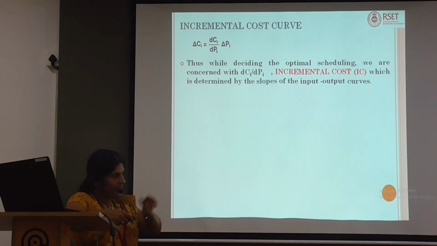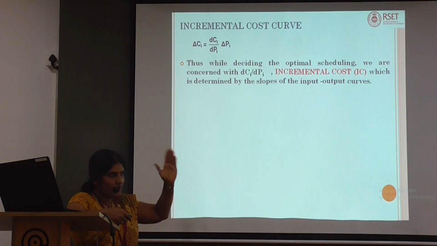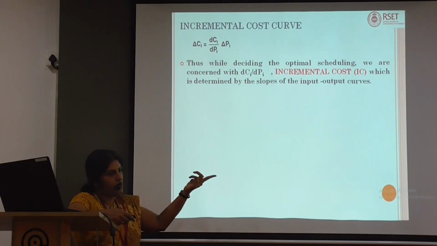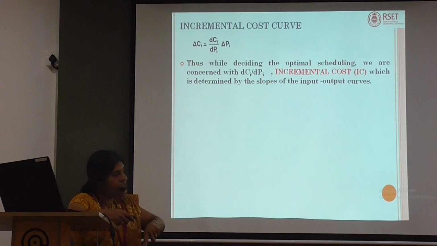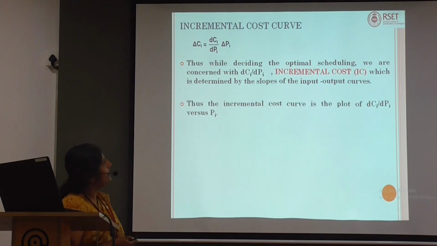On the y-axis we have cost and on the x-axis we have input power. So the slope decides the change in cost for a change in power, which is defined as incremental cost, dCi by dPi.